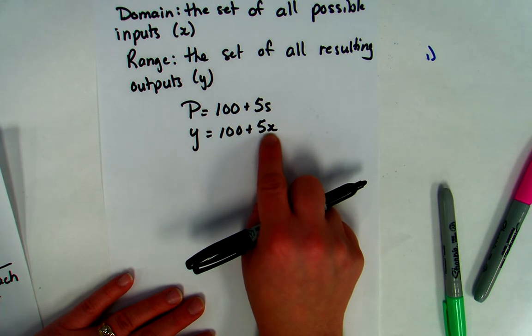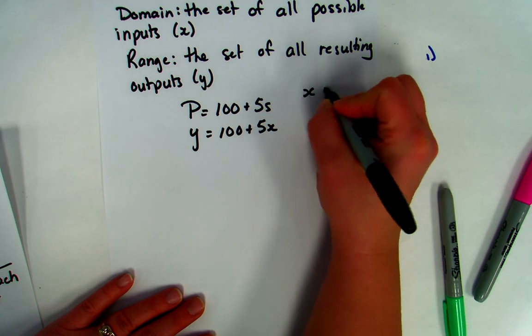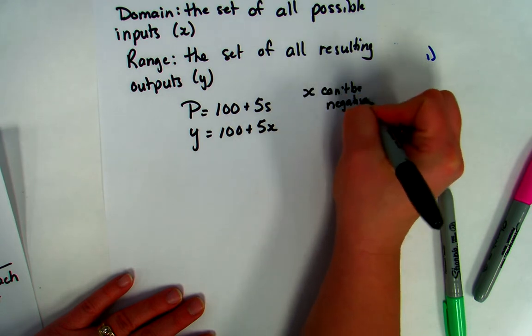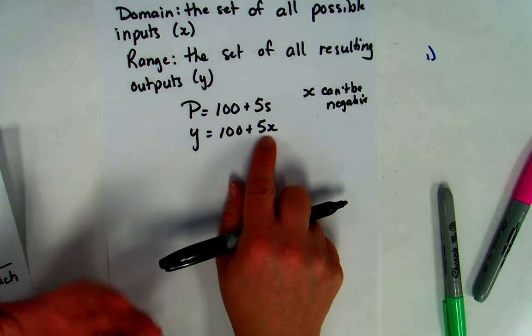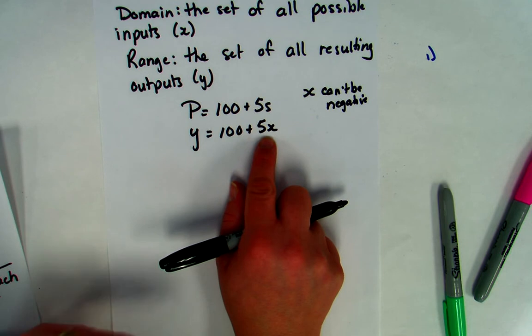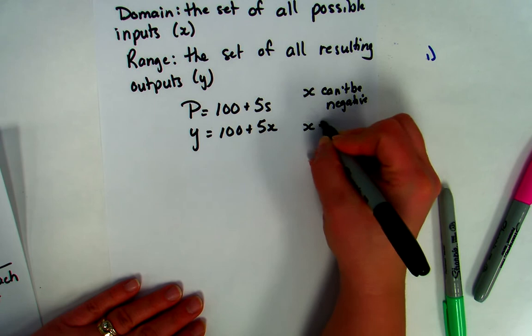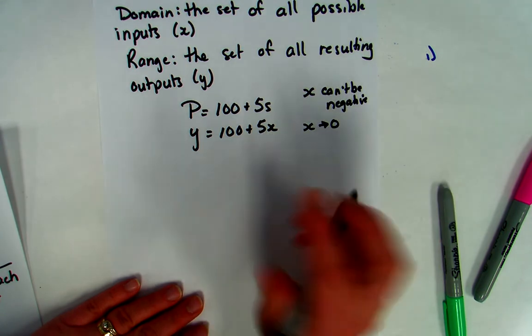Well, I have to be careful because I can't put in negatives, so x can't be negative because I can't sell negative shirts. Perhaps I lose shirts and I owe money to the company, but if we're saying X represents the number of shirts you sell, we can't sell negative shirts. X could be 0 though. You could have a week that you sell no shirts.